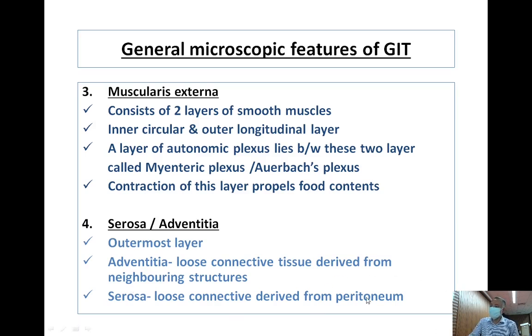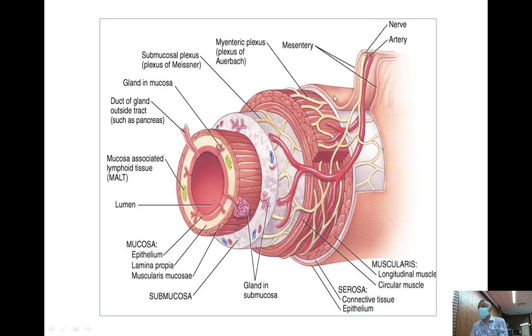In that case, we call it serosa. But if part of the GIT is covered by the peritoneum and the other part, the posterior aspect, is not covered by the peritoneum, it is derived from the other tissue, then we call it adventitia. Okay, so this is the outer covering. So this is our adventitia.